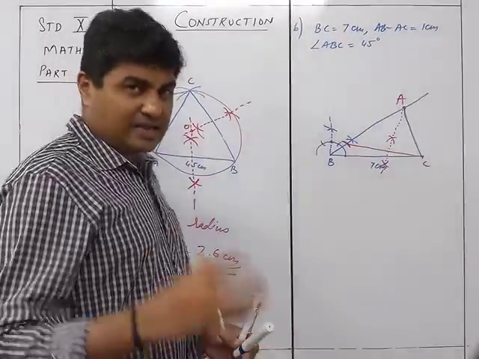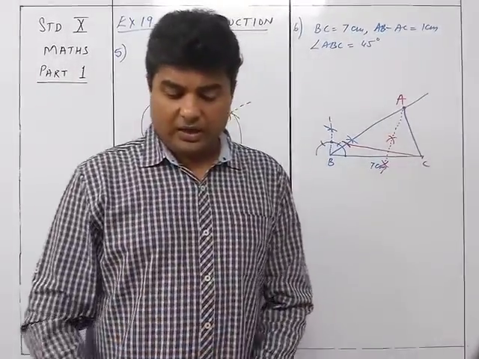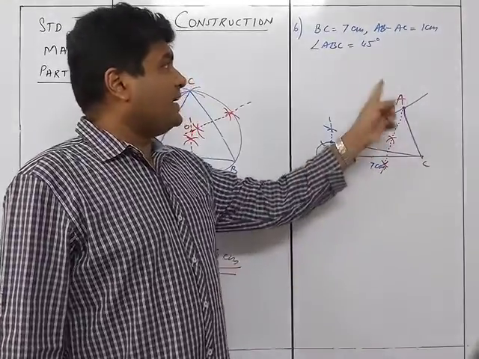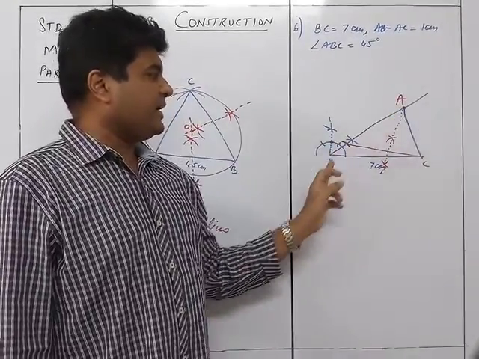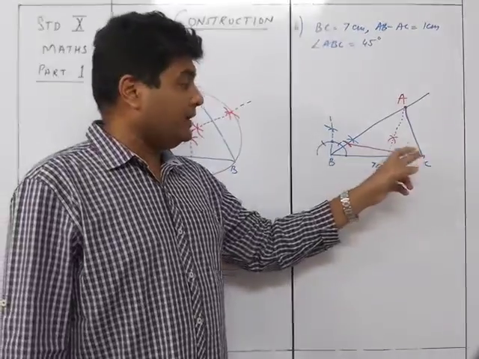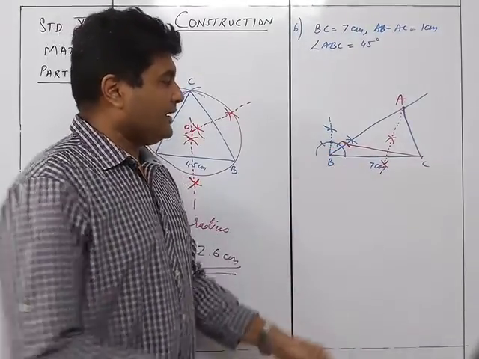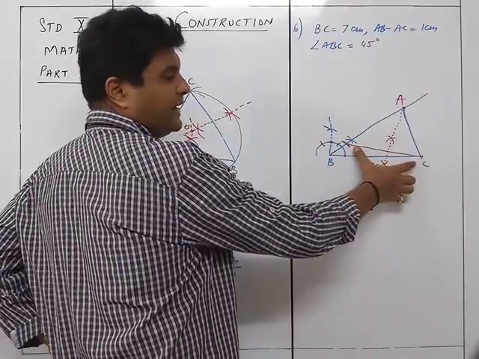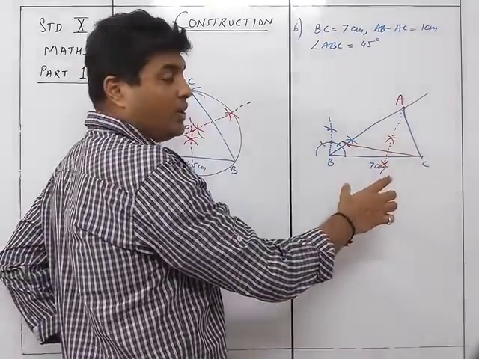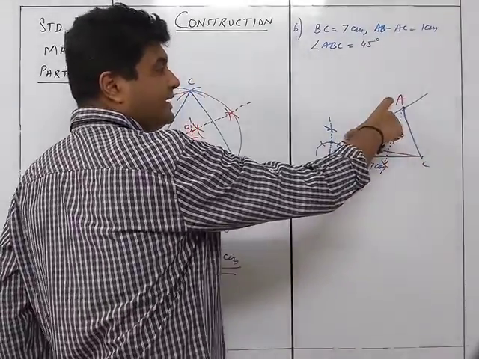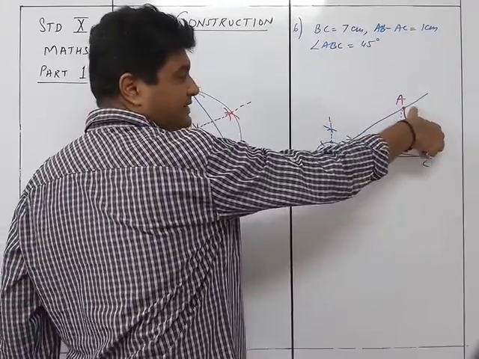Now let's understand also why we did this, so that it is clearer in your mind. They have given us that AB minus AC is 1. That means AB is a bigger line and AC is a smaller line. What I did was that I just marked 1 centimeter. After that, what I did was, when I joined here, this became the base, and I drew an isosceles triangle over here, such that this part is equal to this part. AC and these are equal.